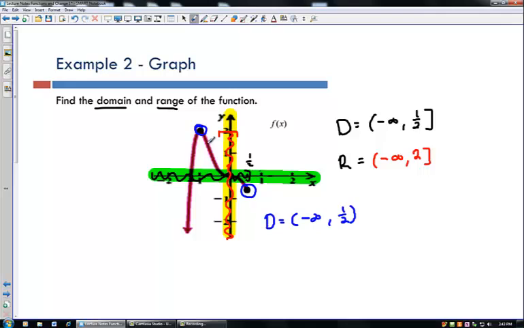So now that's an open circle, and so my range would now be -infinity, and I would still go to 2, but instead of including 2, I could cut it out because that's an open circle, which means do not include. So that's another example of the domain and range if you change the graph a little bit.